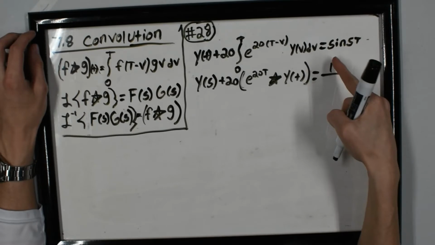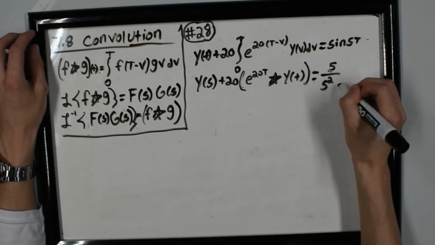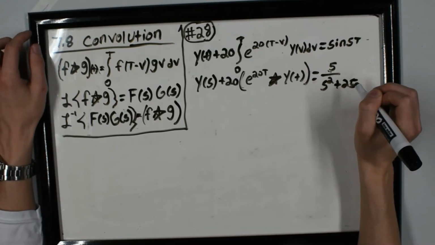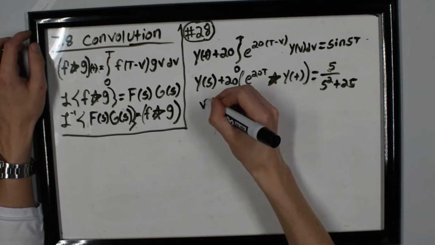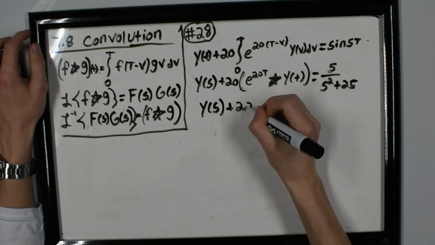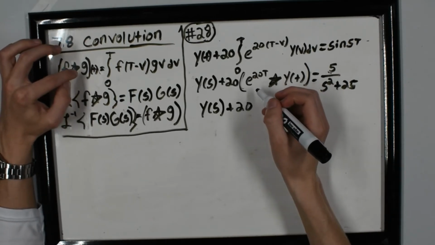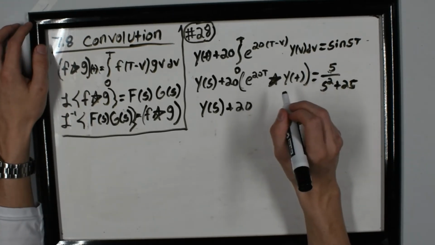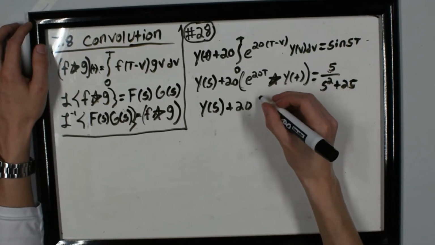And sine 5t is just 5 over s squared plus 25. Okay, so now moving on, we're going to find the Laplace transform of that term. So we have 20, and the Laplace transform of a convolution is just the product of both terms in the convolution.